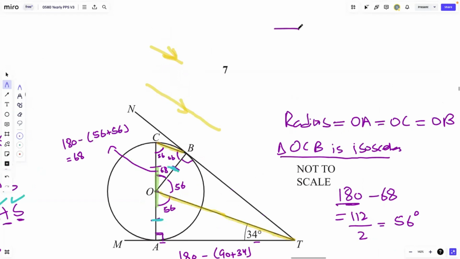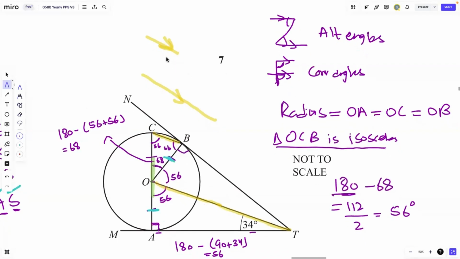So let's say we have two sets of parallel lines. This and this angle are equal, so that's alternate angles. And let's say we have a situation like this maybe, and we have this angle and this angle equal, that's corresponding angles. And we also have interior angles, but these are the most commonly used properties with parallel lines.